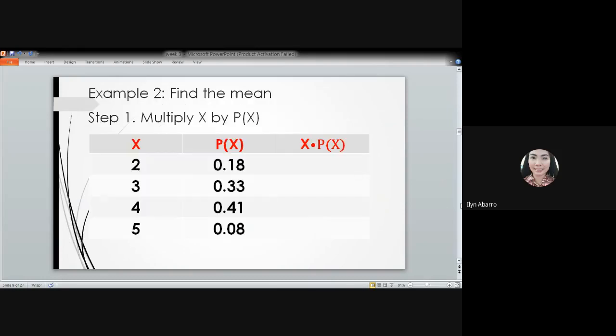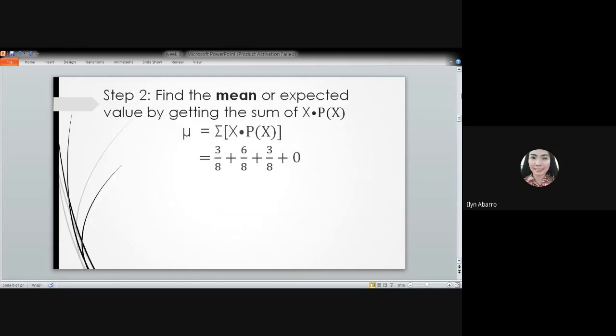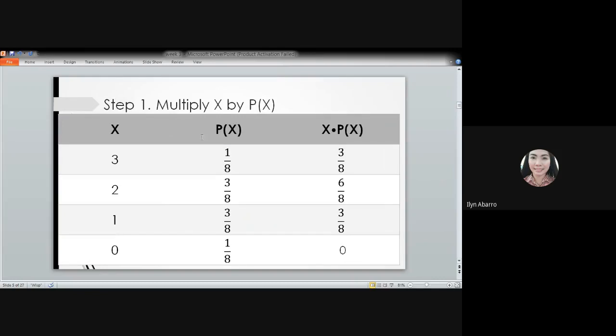So, what does it mean? Kapag mean ang pinag-uusapan natin, yan ay measure of central tendency. Ibig sabihin, we are looking for the central score. Saan ba yung center? Ibig sabihin, nasaan yung bandang gitna? So, dapat, kapag mean ang pinag-uusapan natin, your answer must fall within this area. It's between 1 and 2.